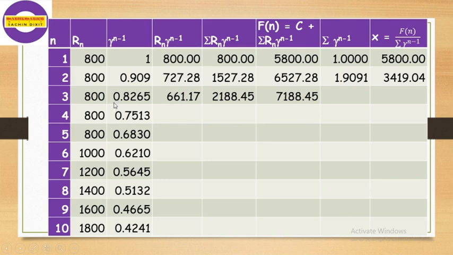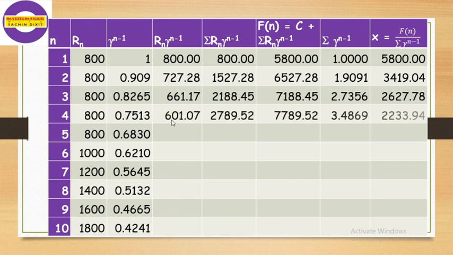Then we add 0.8265 to 1.9091 to find the cumulative sum, and we get 2.7356. To find the average cost, we divide 7188.45 by 2.7356. So we get 2627.78.